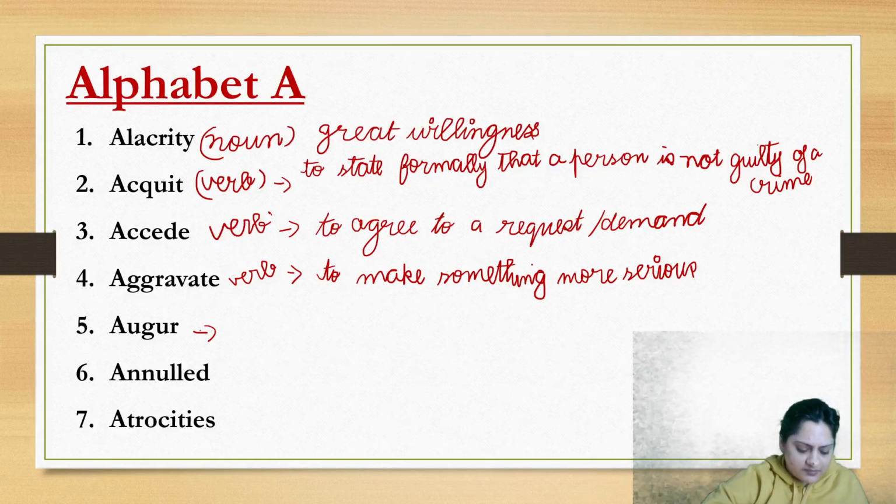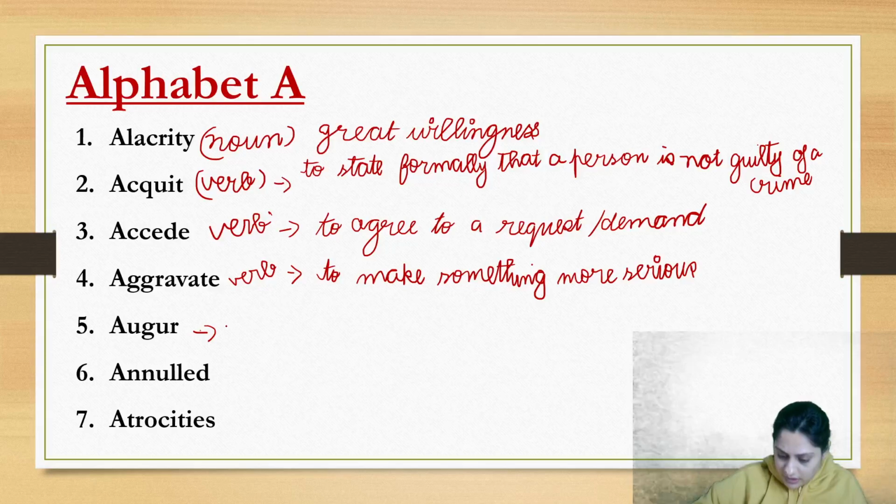Augur, guys, augur is actually a symbol, a sign of something. Okay, so we sometimes say augur well, augur bad. AUGUR, the meaning is it is used as a noun generally, a sign of something bad, or you can say good, but also as a verb. Okay, augur can also be used as a verb for any event we are describing, for any situation, any circumstance, right?